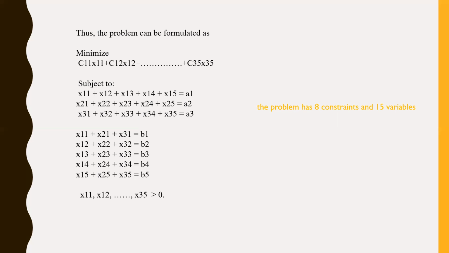Then the non-degeneracy should be checked, where m plus n minus 1 should be equal to the total number of allocations. And after checking that it is non-degenerate, we go ahead with multiplying the allocations with the allocated cells' cost, and then we get the total transportation cost by using the northwest corner method.